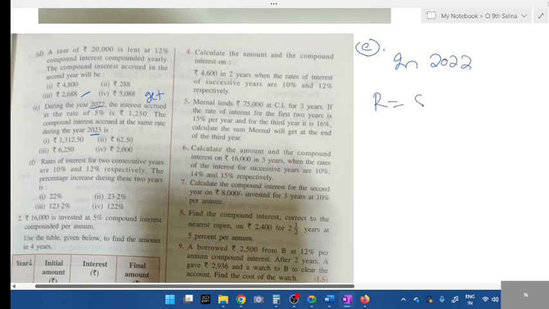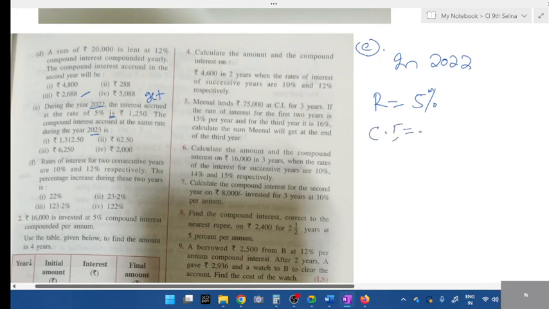Rate is equal to 5%. So what is the 1250? Is it interest or principal? 1250. The interest accrued is given, or is it on? What is given here? The interest is. So it is interest, right?